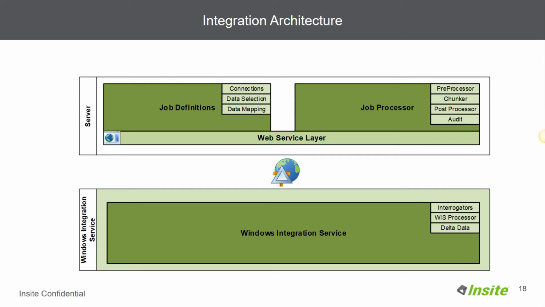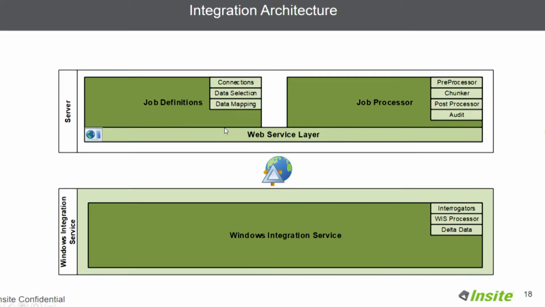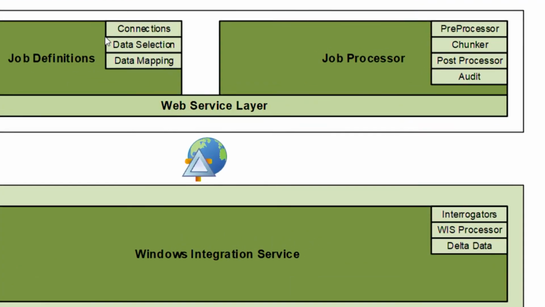I'm going to walk through a number of these components on screens to show you, for example. But the idea is that we've got these connections that define how we can talk to the data. We have data selection, what data we're going to get out of the ERP, and then how that maps into the data in the website. We have, for extension points, a pre-processor, a post-processor that runs on the server, and an integration processor that runs directly on the integration service.